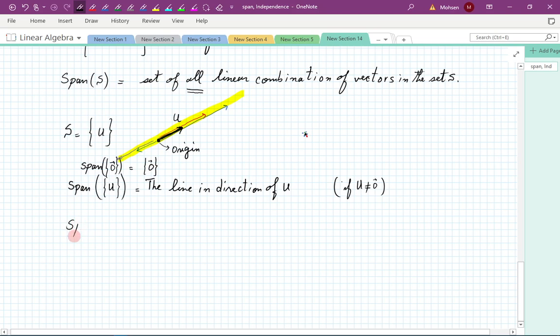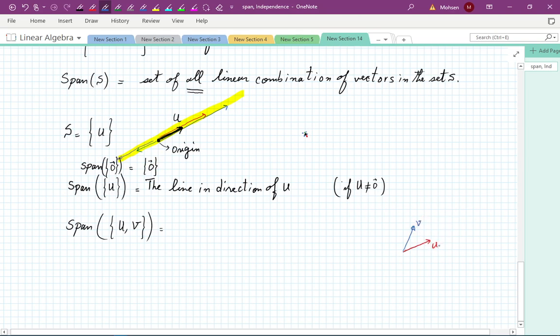Now let's go one level higher up. Suppose I have 2 vectors. What's the span of 2 vectors? We have looked at this problem several times. Let me draw different colors. Suppose I have a u and I have a v. For a moment, in order not to fall in that trap, suppose we have this kind of shape.